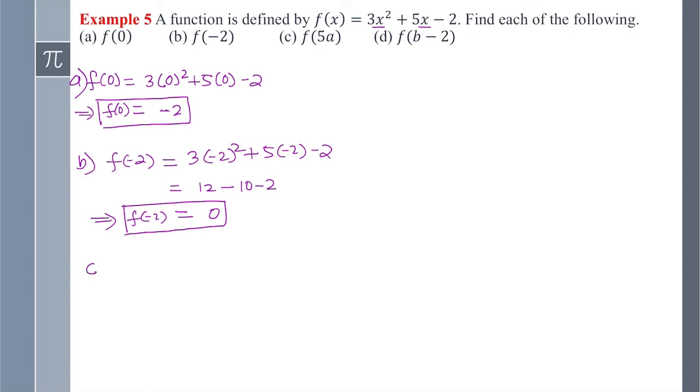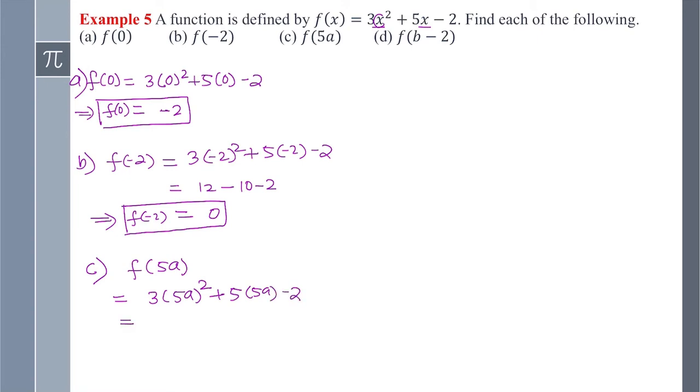Now C, we have f of 5a. That means our input is 5a, which means we are going to substitute x with 5a. So that equals 3 times (5a) squared plus 5 times 5a minus 2.